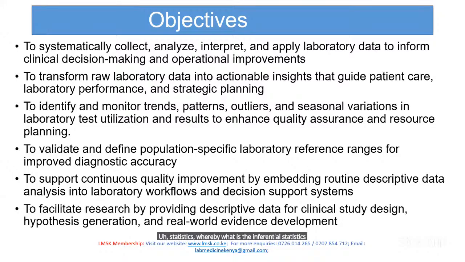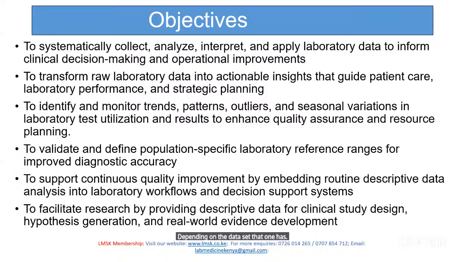In inferential statistics, you've got to come up with what we call the confidence intervals and the p-values. So you've got to analyze, and you come up with an interpretation of the p-values.